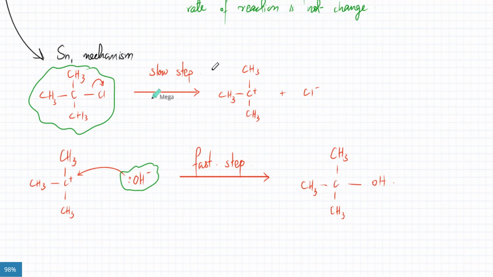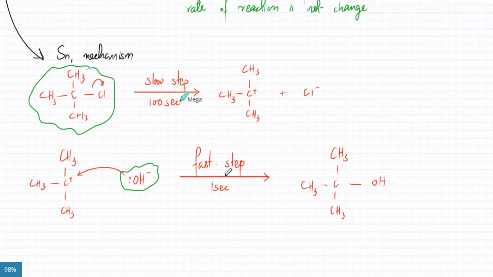Let's assume the slow step takes 100 seconds, and our fast step takes 1 second. There could be a number of reasons for that, but let's not go into that much detail at the moment.